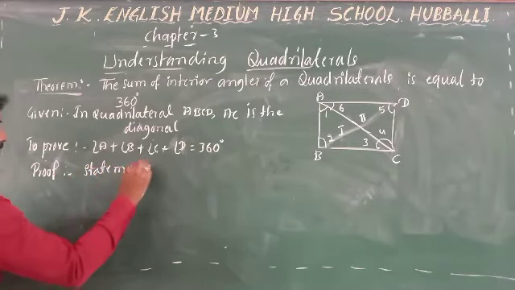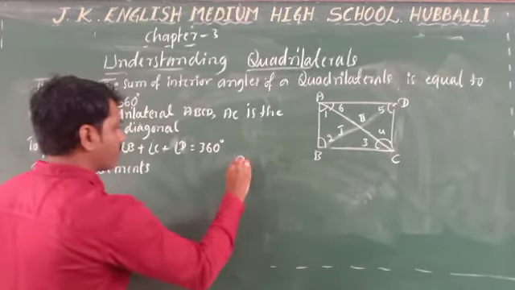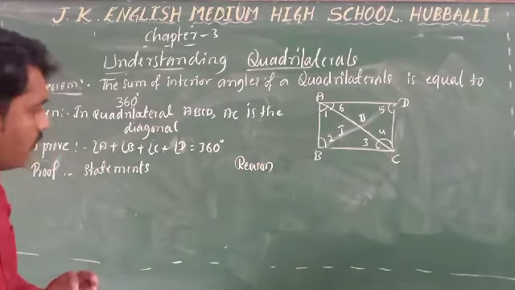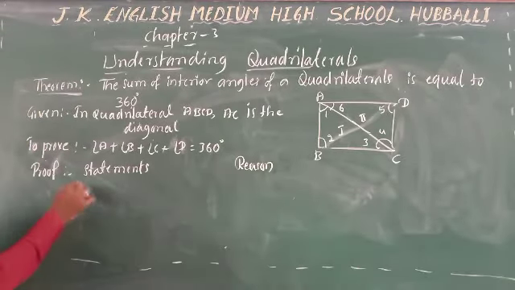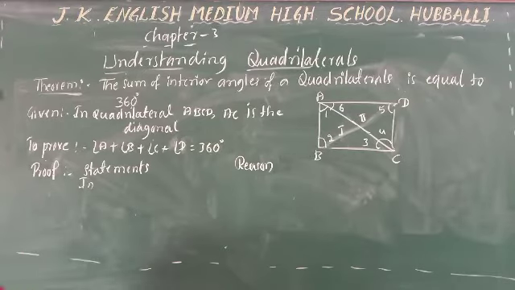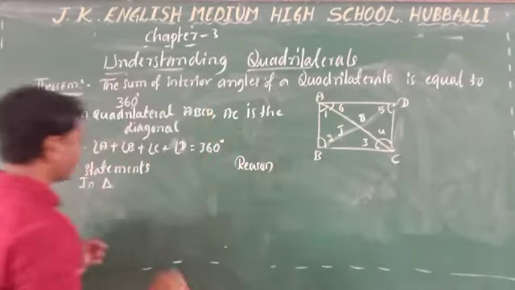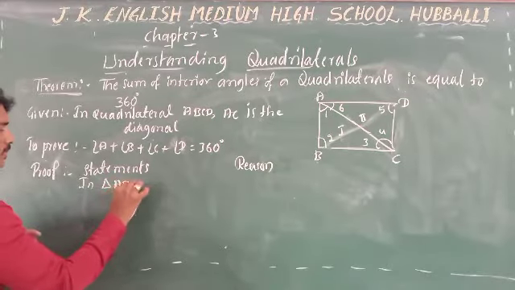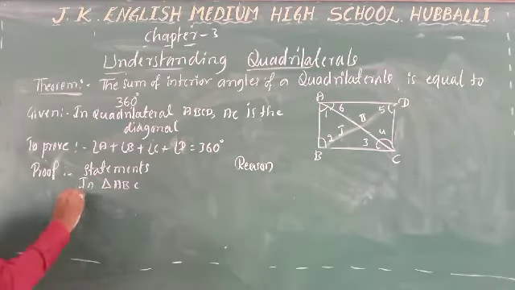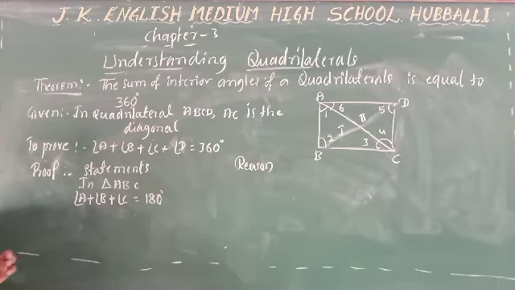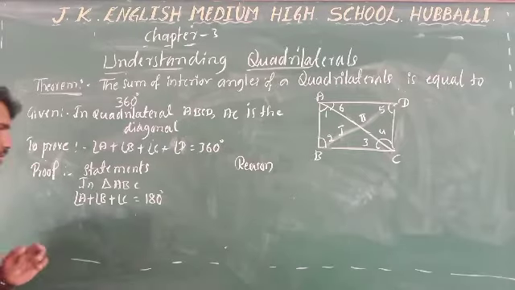Statement and reason. In the statement, in triangle ABC, angle A plus angle B plus angle C is equal to 180 degrees. Correct? So what is the property this is?